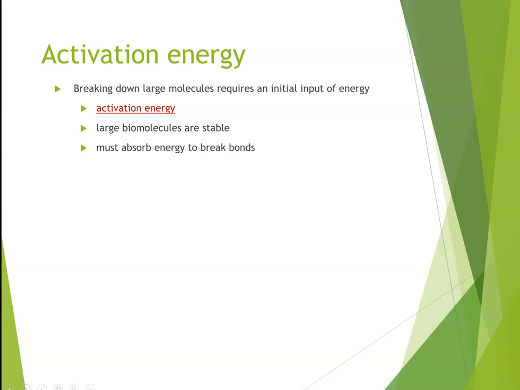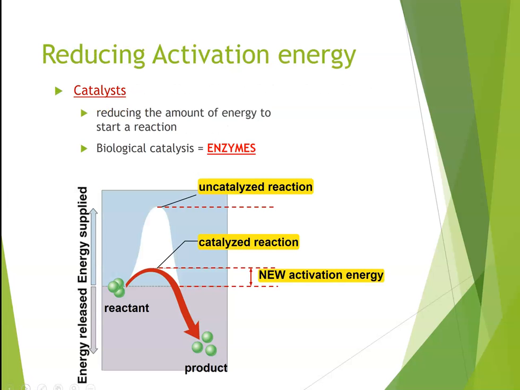Activation energy is the amount of energy that's required to get the reaction going, to break down these molecules. That is the initial input of energy that's needed to break down these large molecules. And a catalyst is something that reduces the amount of activation energy. It helps facilitate the reaction, so it reduces the amount of energy that's needed.